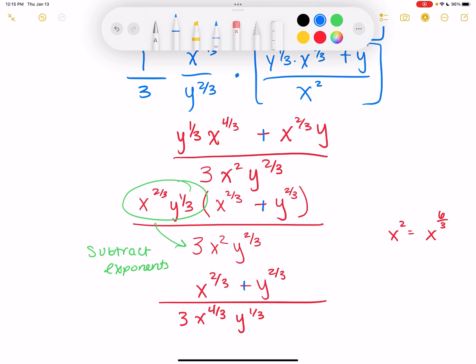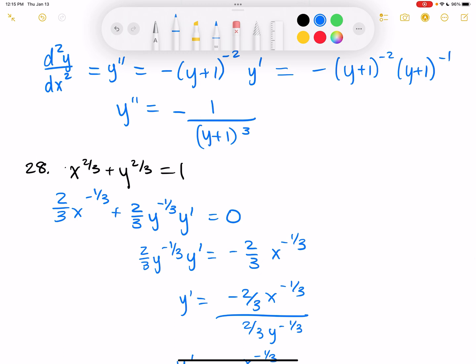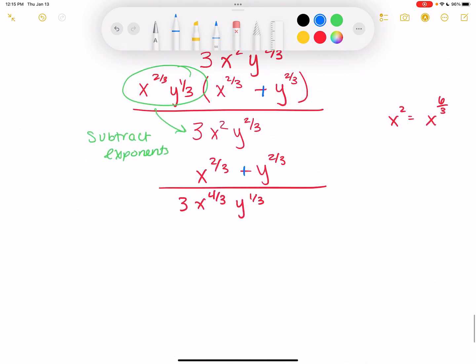X to the 2/3 plus y to the 2/3. Go all the way back up to where we started. X to the 2/3 plus y to the 2/3 is equal to 1. So I can now replace that as 1 over 3x to the 4/3 y to the 1/3. And that's the final answer that they wanted you to have.